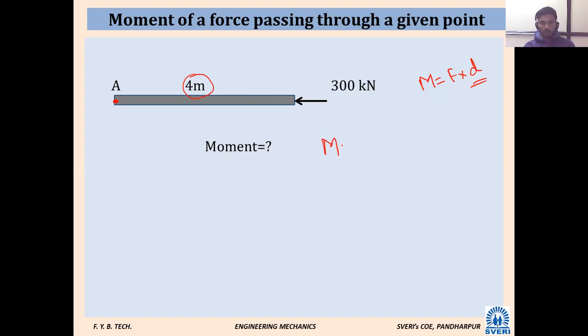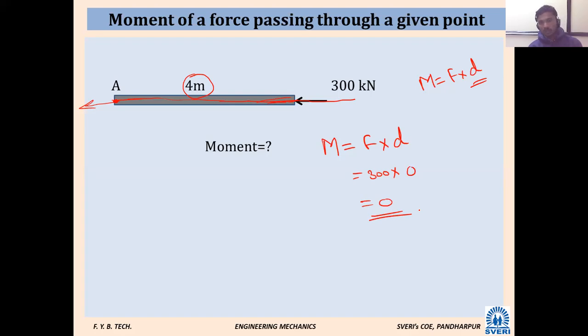Okay, so here we have to remember, as we know, the definition of moment is force into perpendicular distance. This force is going to pass through this point, so this distance will become 0. So here 300 into 0, it will become 0.